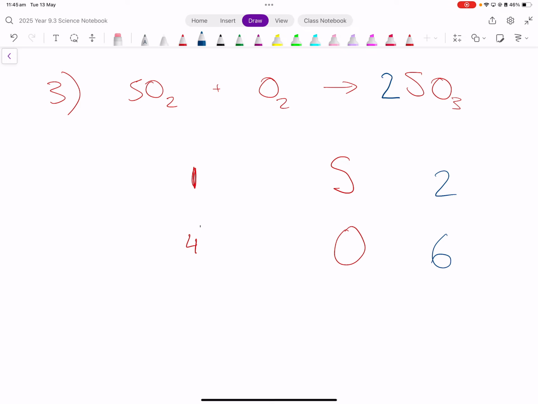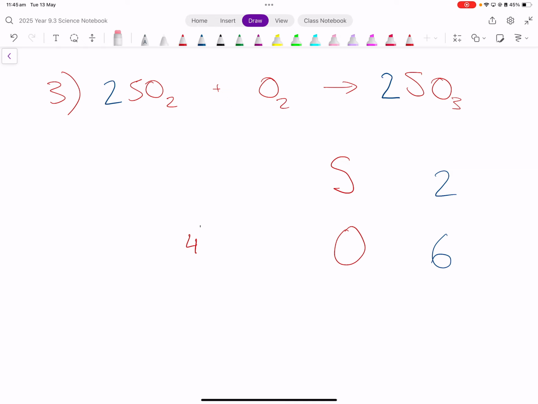So now this has unbalanced my equation. It gives me a little bit more work to do. So I need to go and figure out, I need to double the number of sulfur somewhere. Where can I double the number of sulfur? There's only one spot on the reactant side. It is in SO2. And so what I'm going to write out the front of SO2 is a big 2.